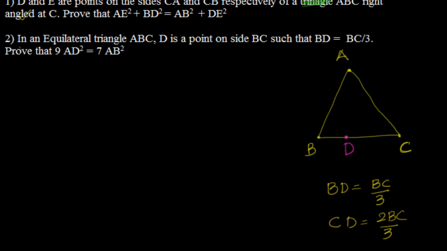So what I will do is join AD. Let us say that is D. Now how to proceed with this? I will drop a perpendicular from A to BC.